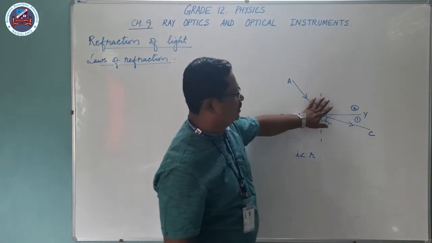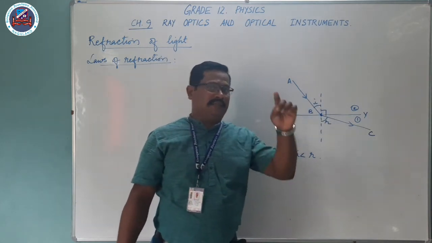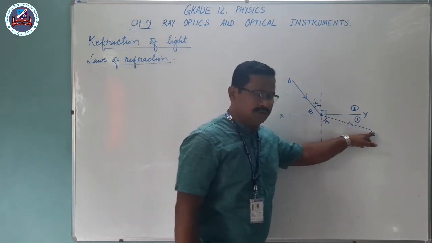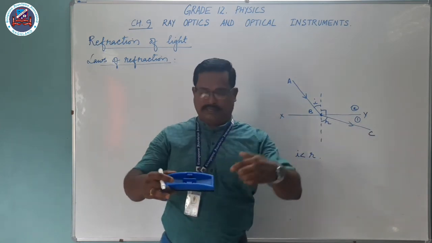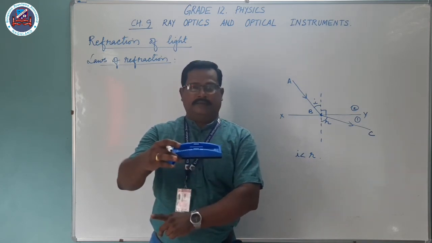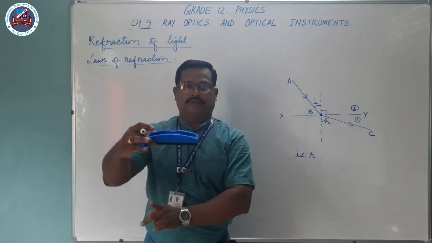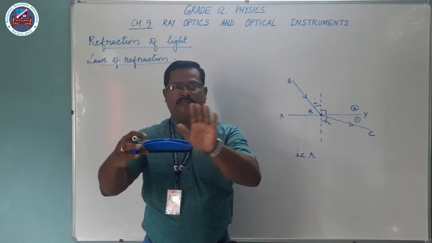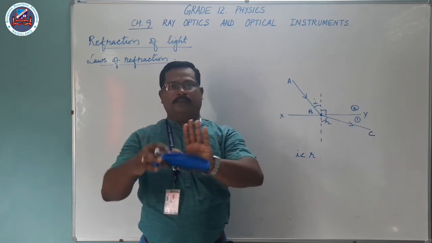The meaning is that where the incident ray strikes the surface, from that point only the refraction should take place. It cannot be that the ray strikes at one point and refraction takes place from somewhere else. Then if you draw a normal at that point, all three, the incident ray, the normal and the refracted ray, will lie in one plane.